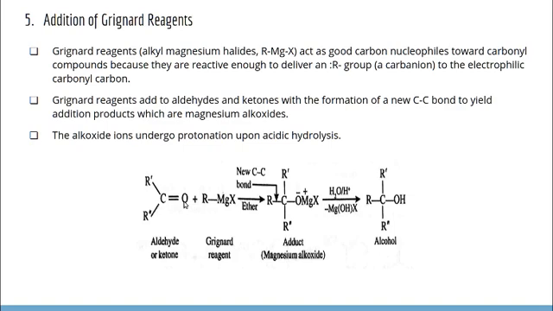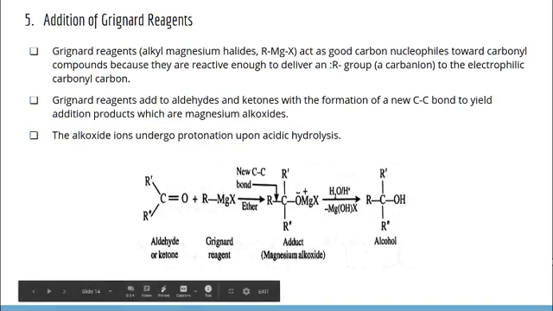So we will get a structure like this, the addition product, that is magnesium alkoxide. So a new carbon-carbon bond will form due to the attachment of R to this carbon. Which on further hydrolysis we will get an alcohol. That means this part will become OH group. So this is the addition of Grignard reagent.